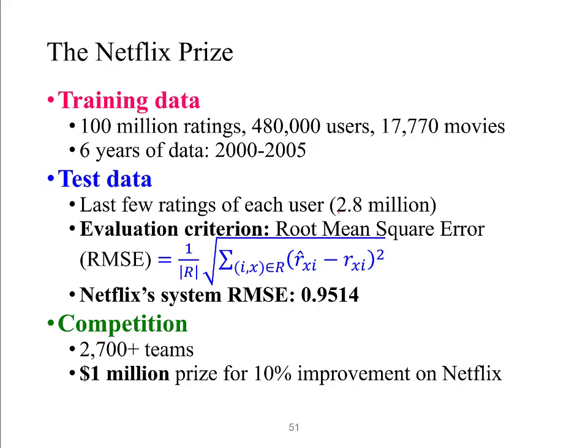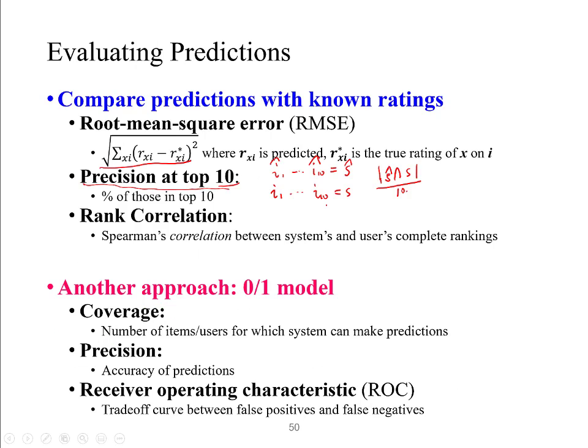So we actually have 2.8 million ratings as test data, and the evaluation criterion is the RMSE, which we have introduced before.